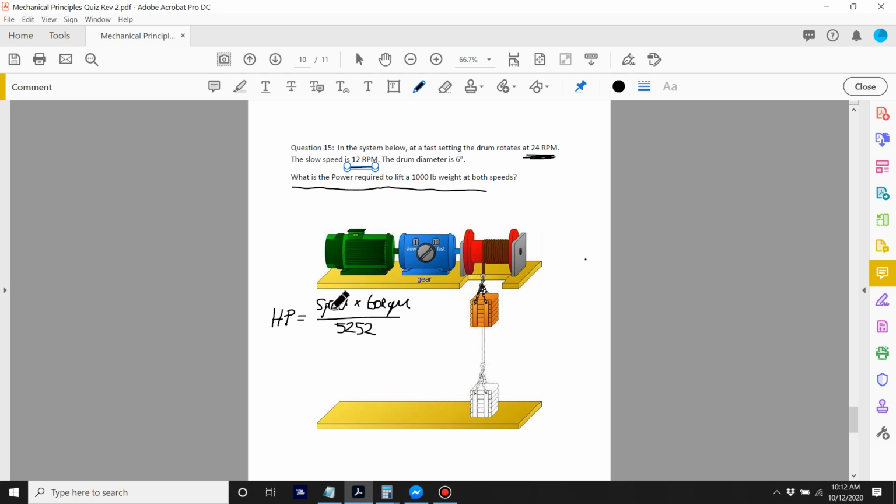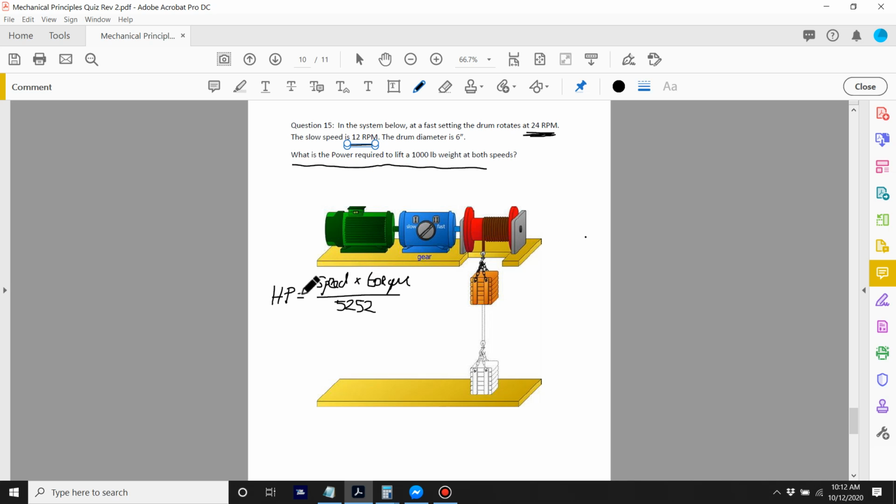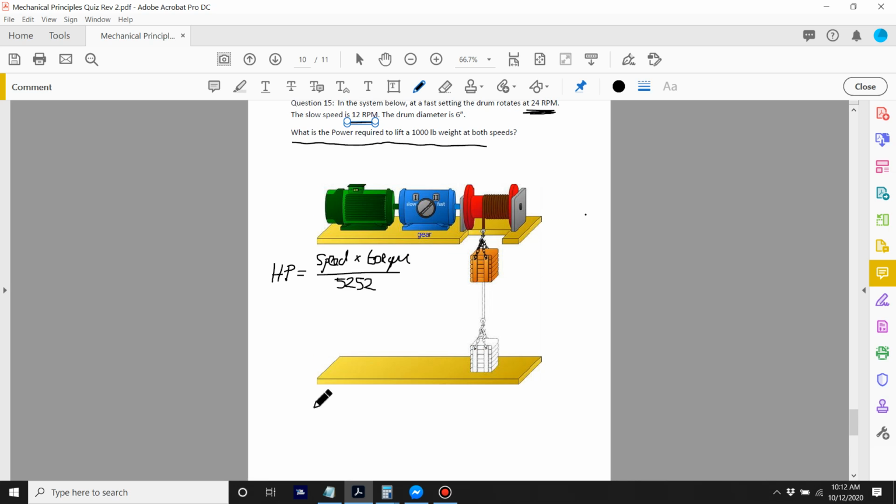The speed is going to be in RPM, the torque is going to be in foot-pounds. Now we know the speed right off the bat is 24, but we don't know the torque. The torque is equal to force times distance.